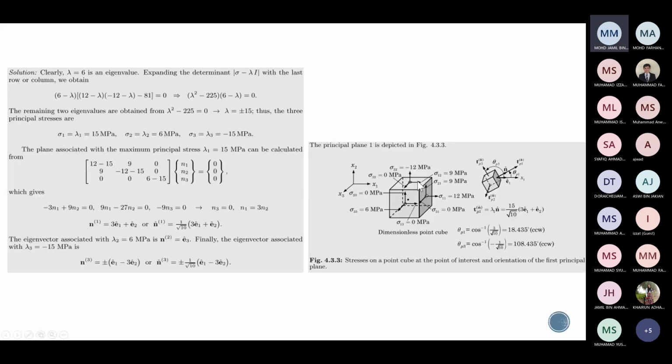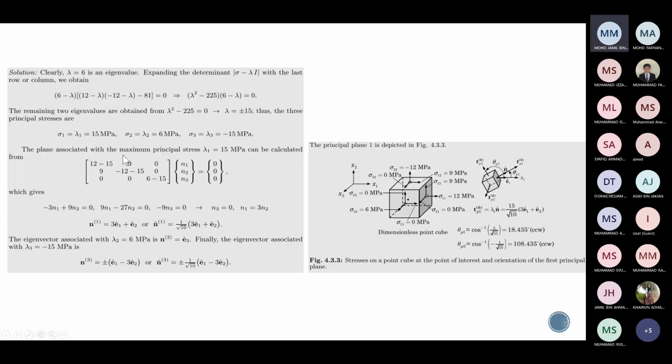The other stresses like sigma 12, sigma 21, sigma 23, sigma 32, and so on are the shear stresses. Shear stresses act parallel to the surface, while normal stresses act perpendicular to the surface.